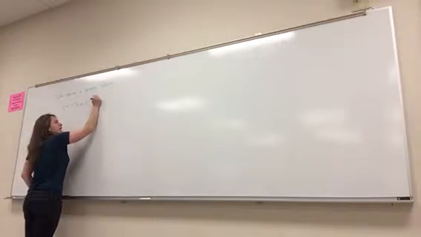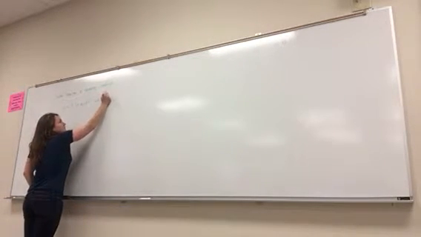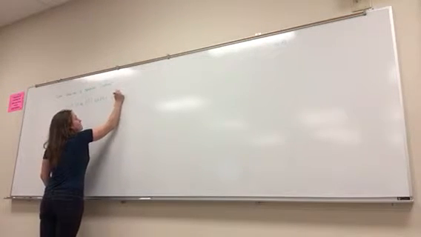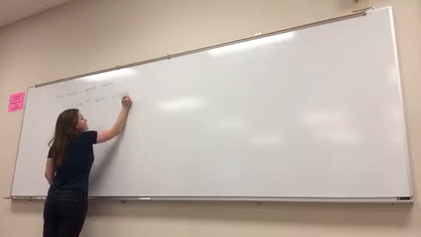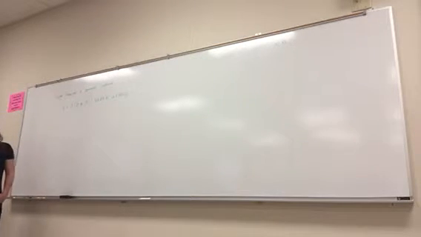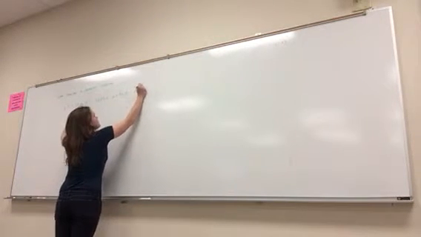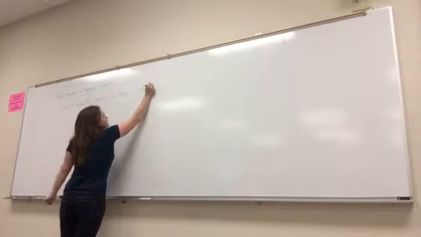Rho is going to be restricted between a and b, just like I would restrict r, the radius, for cylindrical. Theta is going to be restricted between alpha and beta. And for some weird reason, sticking with the book here, we write phi as restricted between c and d.